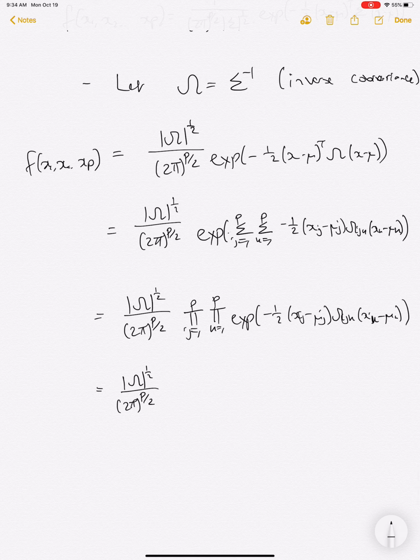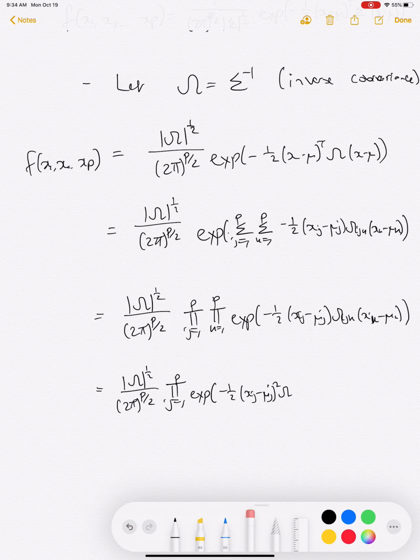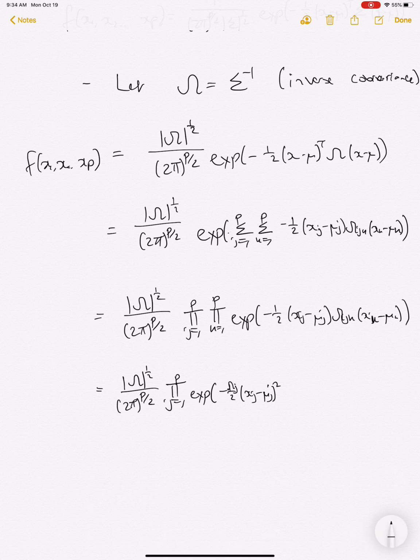You can write this as the product of j not equal to k.